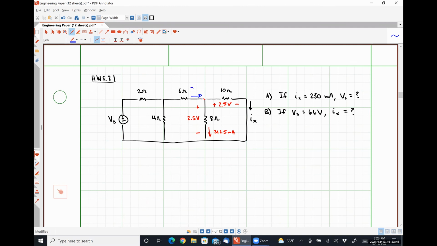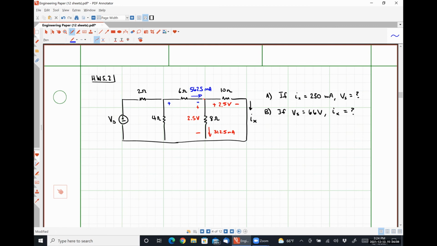So that's just going to be that 312.5 milliamps plus that 250 milliamps, or 562.5 milliamps. And that gives us enough information to determine the voltage drop over the 6 ohm resistor.